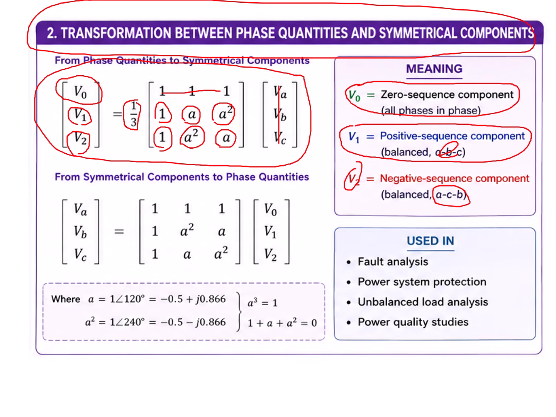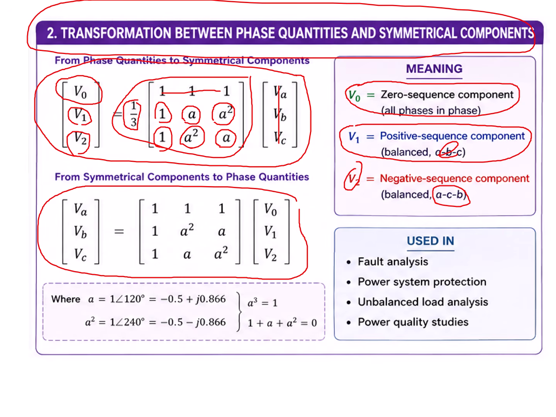Again, to construct the original signal Va, Vb, Vc from this, we multiply by the inverse of this matrix, which removes the division by three. So Va, Vb, Vc can be constructed from the phase sequence or symmetrical components by using this.